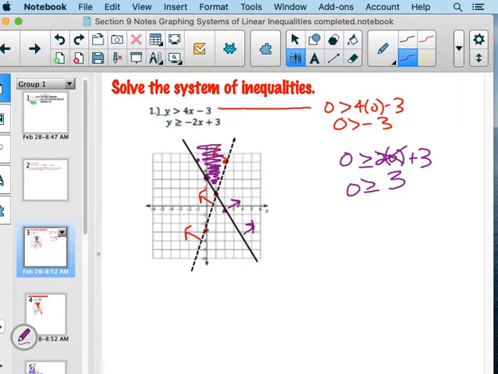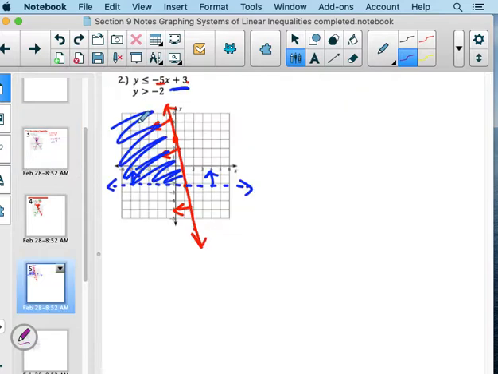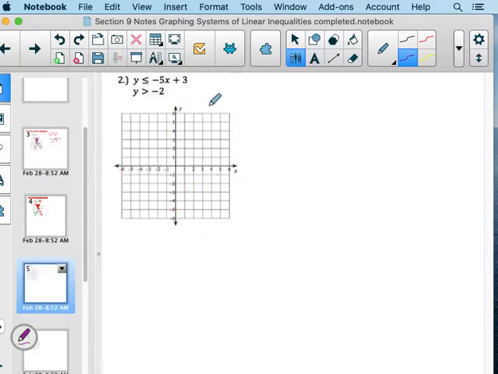So let's look at another example here to keep practicing. Here's example number 2. Again, both of these are in slope-intercept form where the y is by itself. So my first inequality here, I'm starting at positive 3.